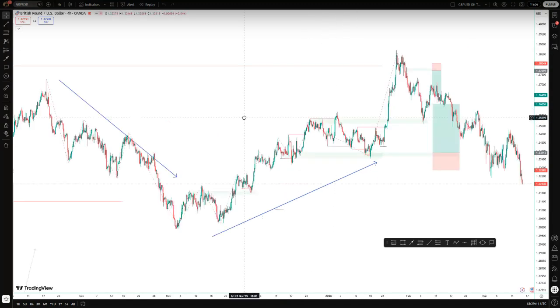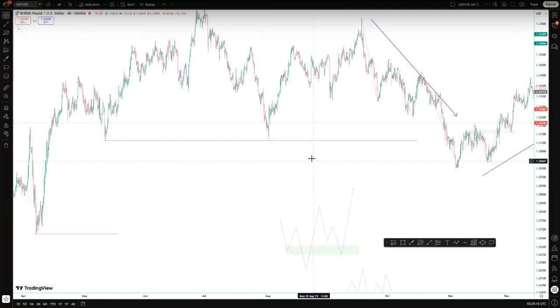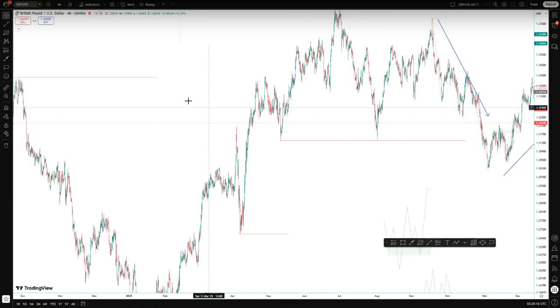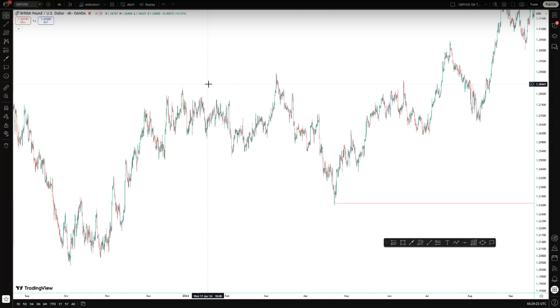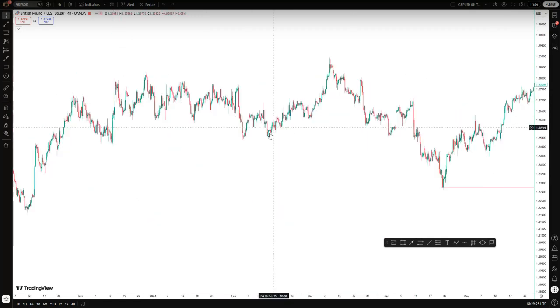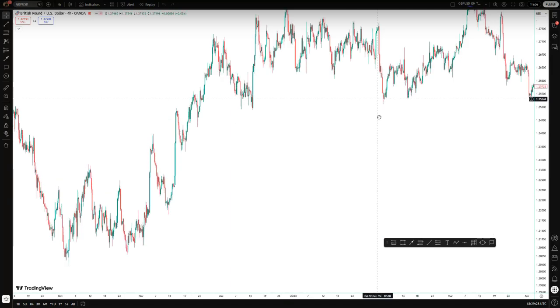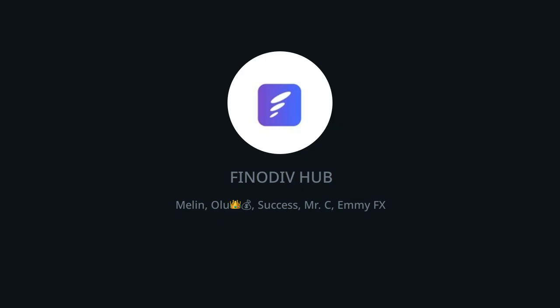So from here we are moving. And then let's try to find a ranging market. Okay, let's just use this. It's not as perfect, but it is. This finally broke out.